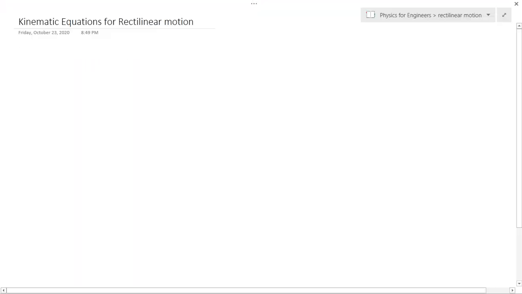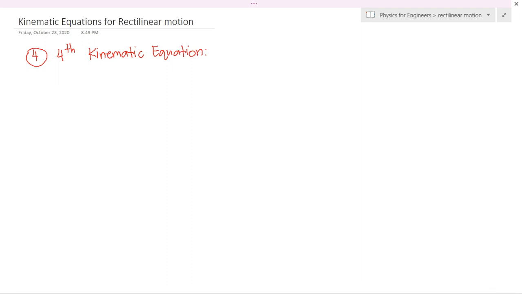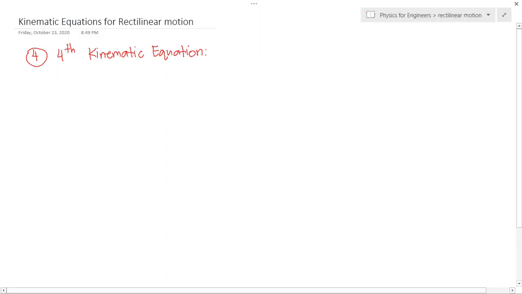so let's write the fourth, number 4. So we have the fourth kinematic equation. Actually yung fourth kinematic equation kasi is just yung parang walang acceleration.